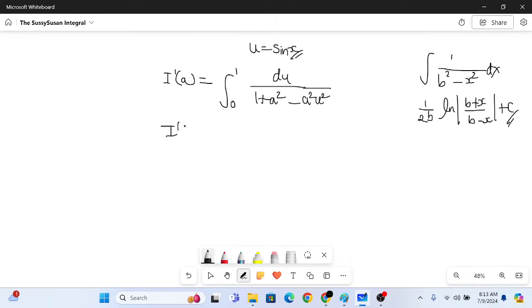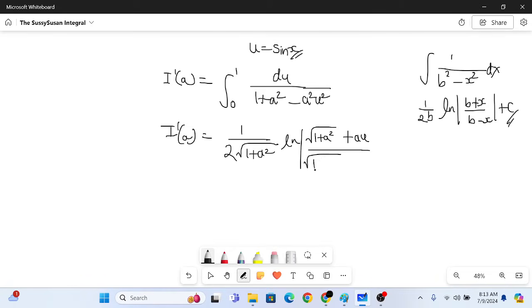We get I dash of a is equal to 1 by 2, our b is just the square root of 1 plus a square, and then ln of square root of 1 plus a square plus au by square root of 1 plus a square minus au, from 0 to 1.